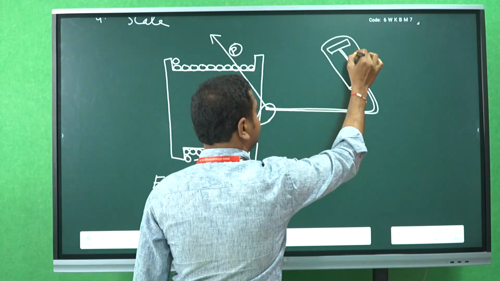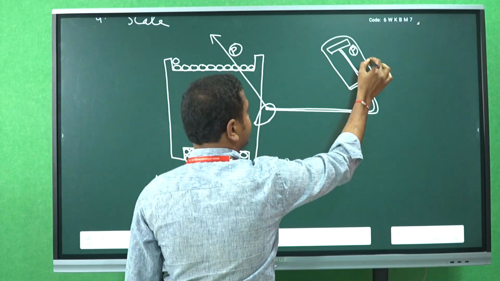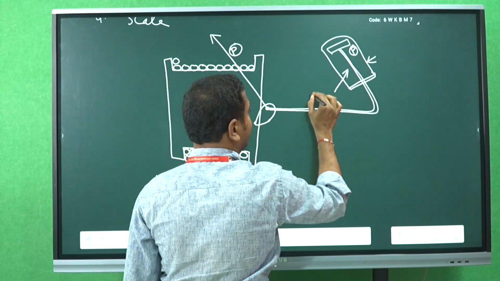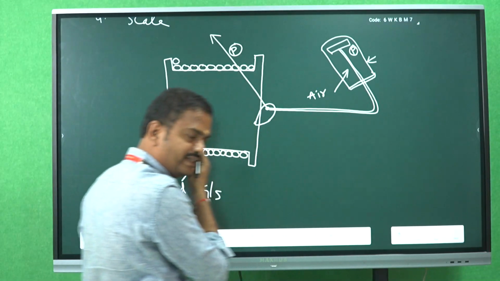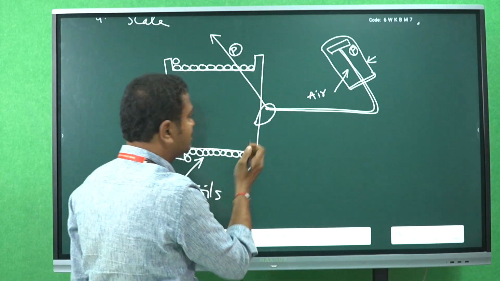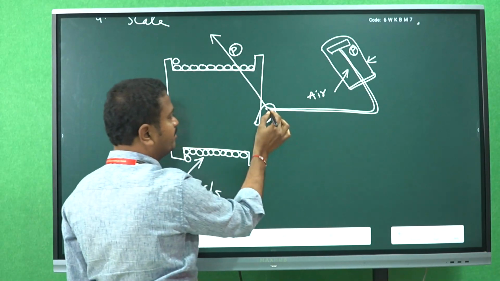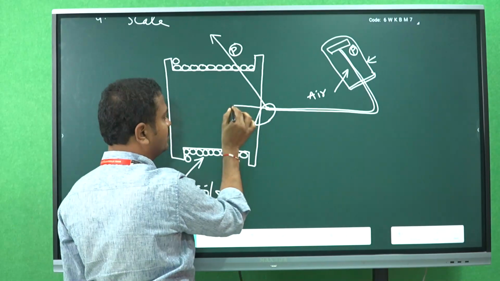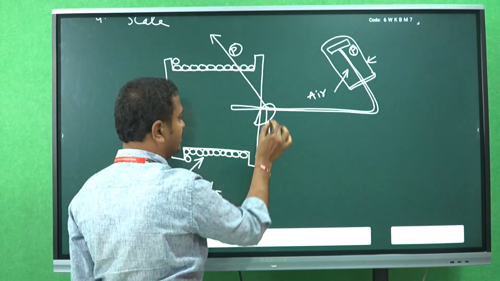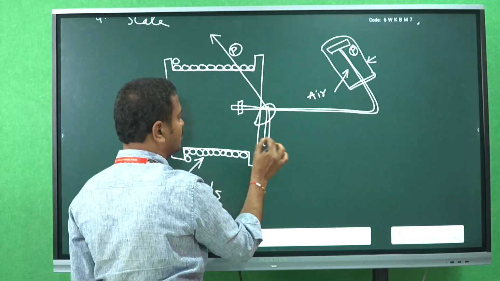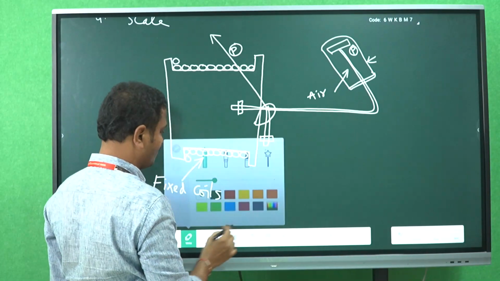This is the piston, and this is a chamber filled with air. This piston is connected to the pointer, and these are the balance weight and control weight. Clear?